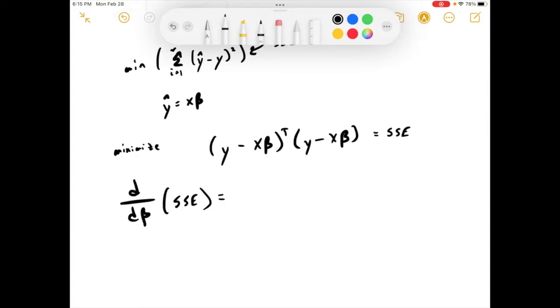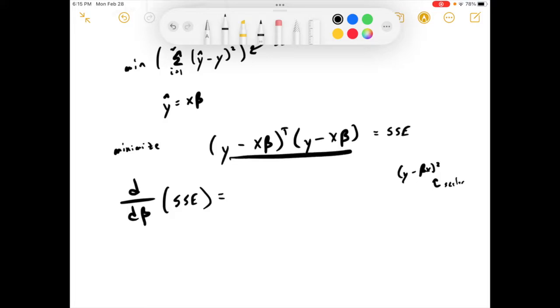It's really similar to y minus beta x squared if everything was a scalar. So when we take the derivative of this one, what we're actually going to get is just negative 2 x transpose times y minus x beta.